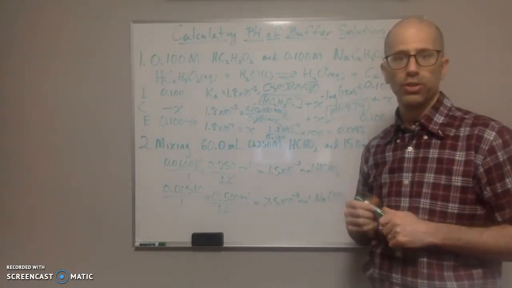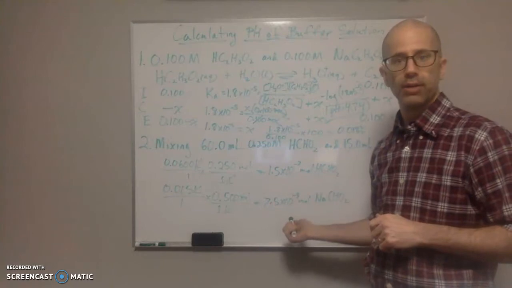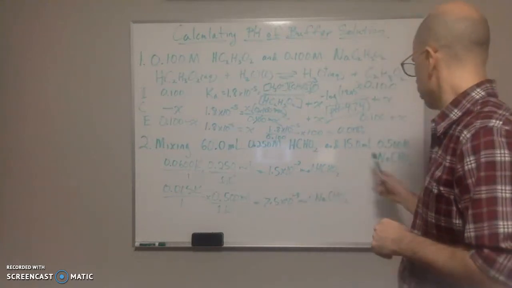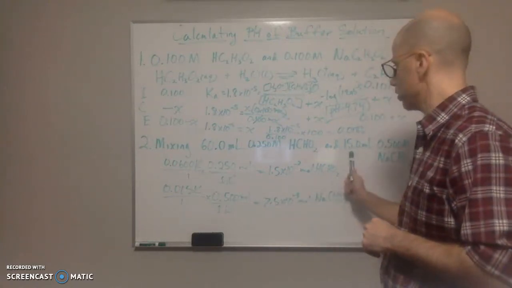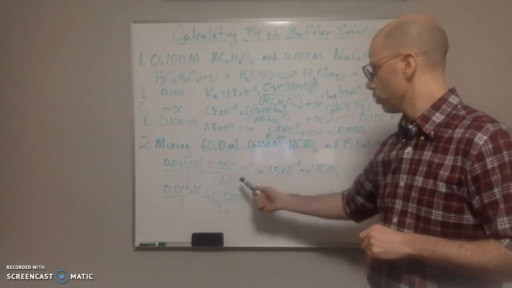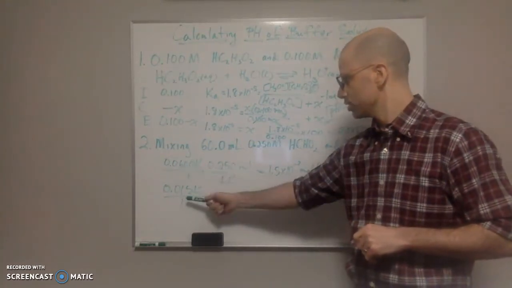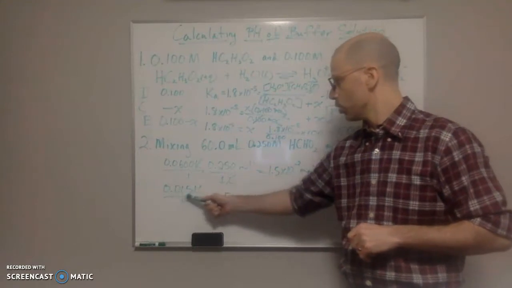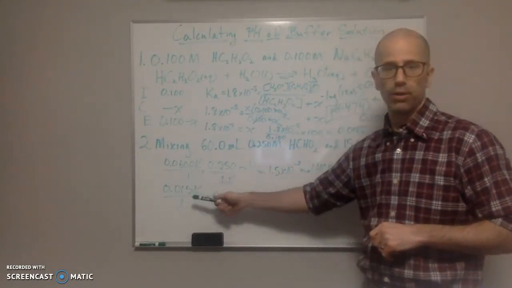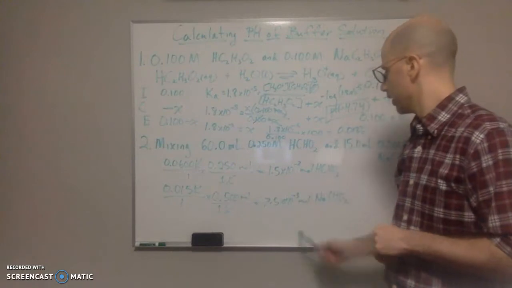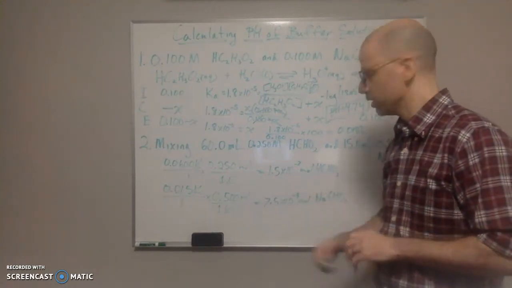So now all you need to do is recalculate, take the moles and the volume. You add 15 milliliters to 60 milliliters, or 0.06 liters and 0.015 liters. Add those together, that'll be the total volume. And then you divide by each of these.